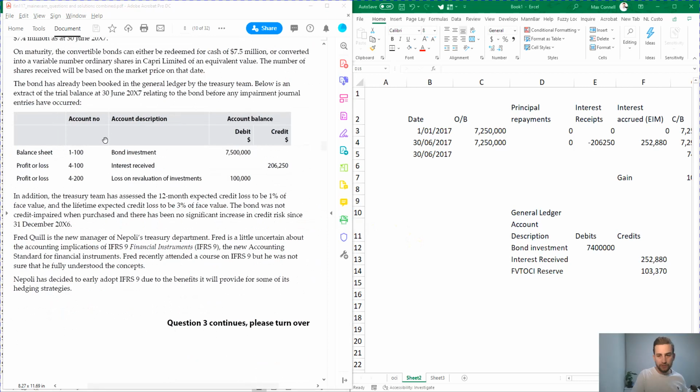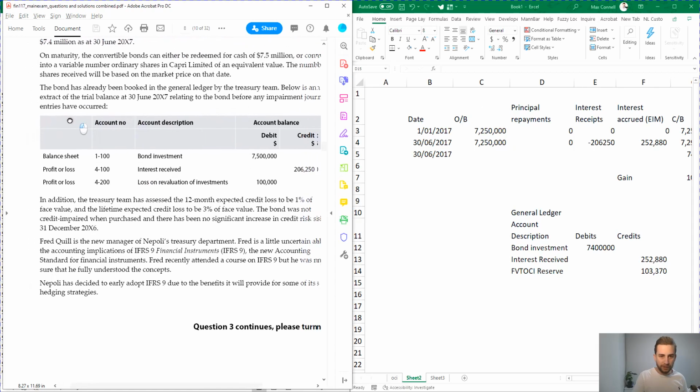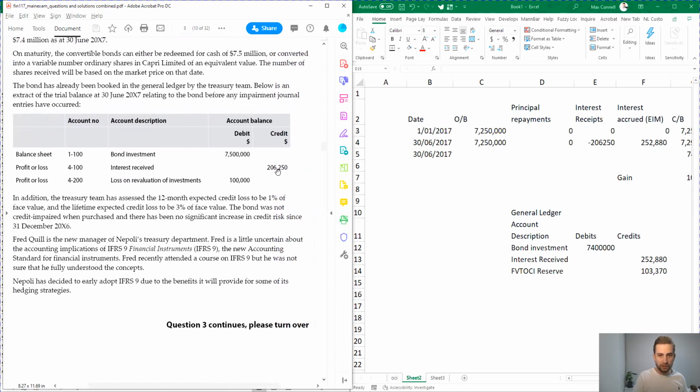So they haven't asked us to do every single TB account, otherwise we'd have a credit account, we'd have various other accounts in here. All this question wants us to do is to complete this general ledger with the correct balances. So part of that will be putting it in the exact same format.